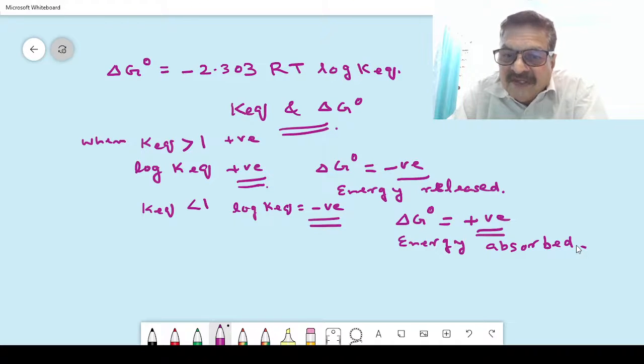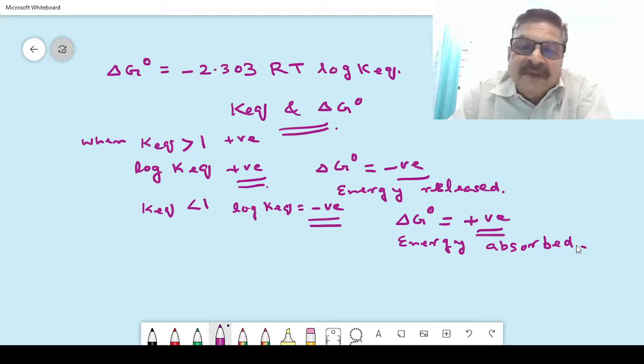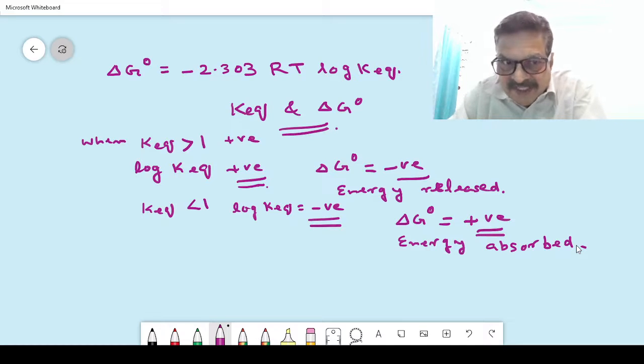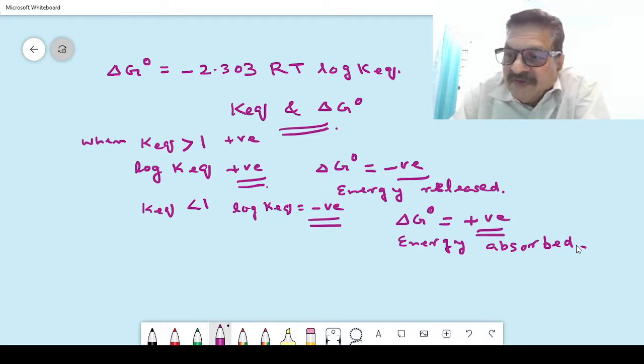Now, lower energy means more stability. When a molecule or any system is to be stable, the energy should be low. So lower energy means more stable. Equilibrium will favor the products when they are more stable than the starting materials.